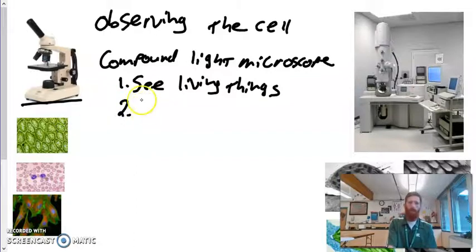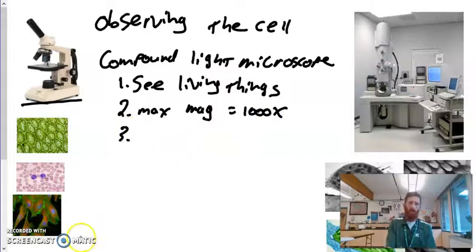Number 2, the maximum magnification, due to the properties of lenses and light, is 1000x. So max magnification equals 1000x. And then number 3, what's kind of cool is that we can actually use fluorescent dyes or other substances to stain different things inside the living cell.